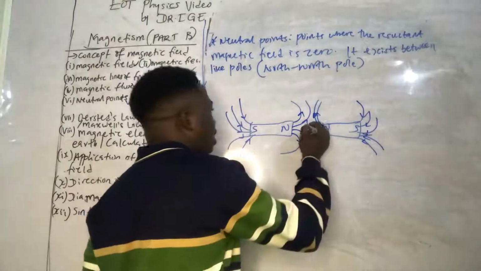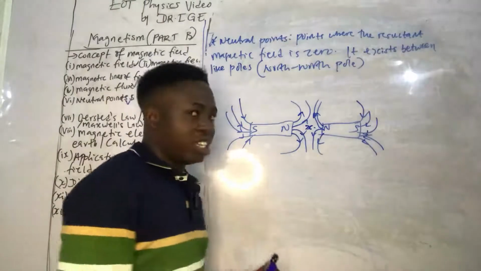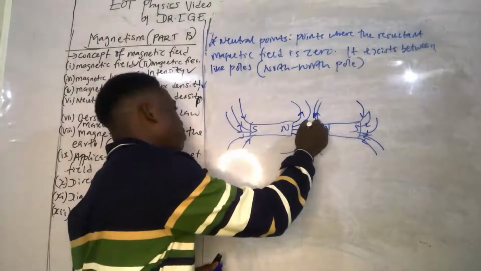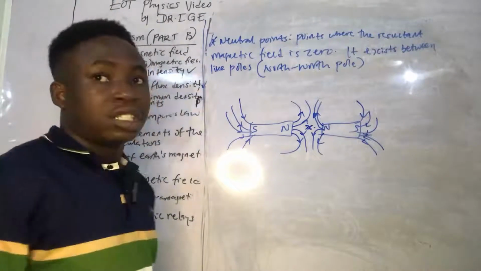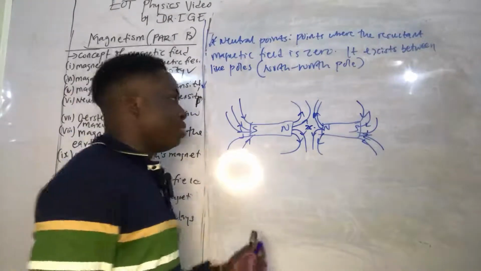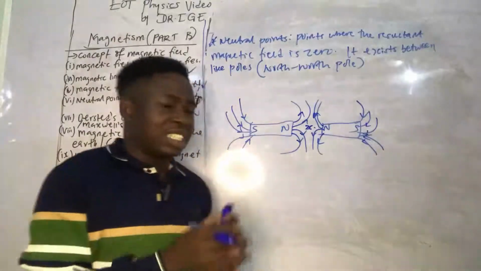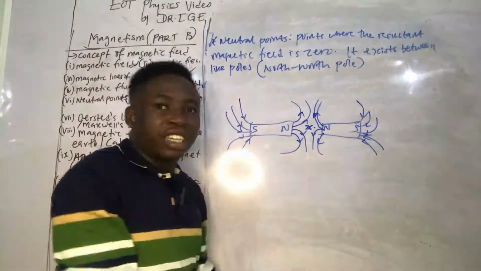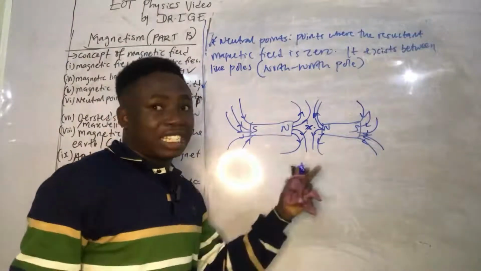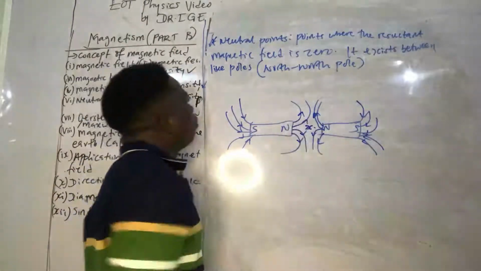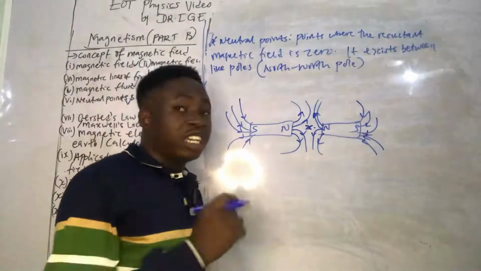Look at this area I wrote as X. You can see that there is no line of force there, and so the resultant magnetic field at that point is 0. So that's what the neutral point is. Sometimes they will give you a diagram with an X, or you simply see no line of force there. There are questions that ask: the point between two north poles is what? Neutral point.